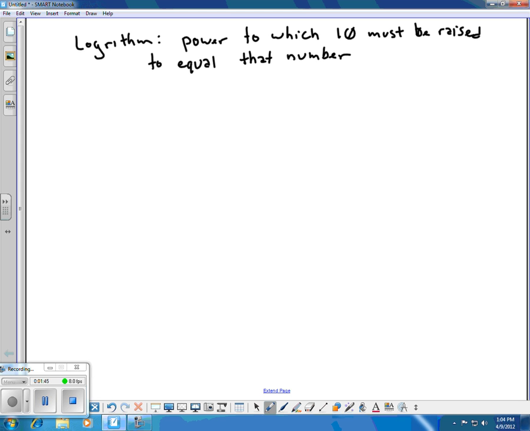And again, all of these things that we're talking about today, so pH, pOH, hydrogen concentration, and hydroxide concentration are all related to this logarithm idea.